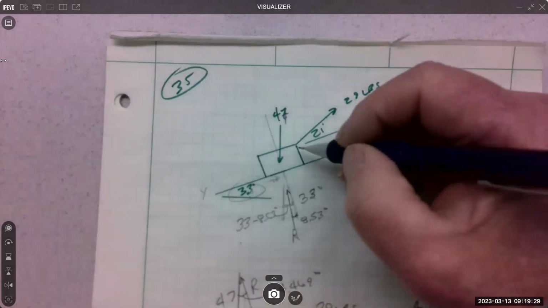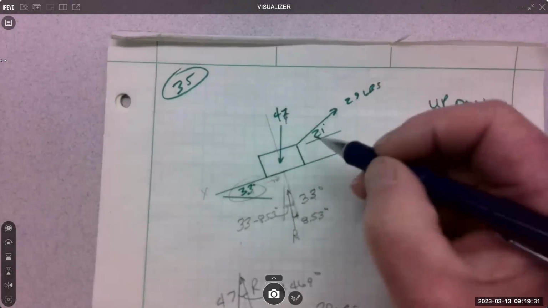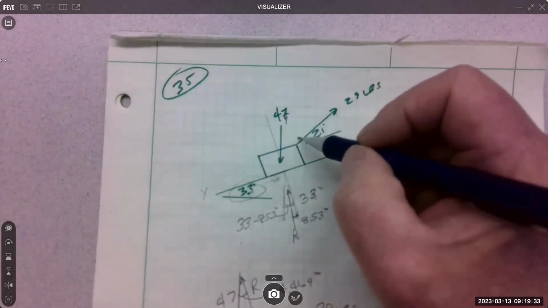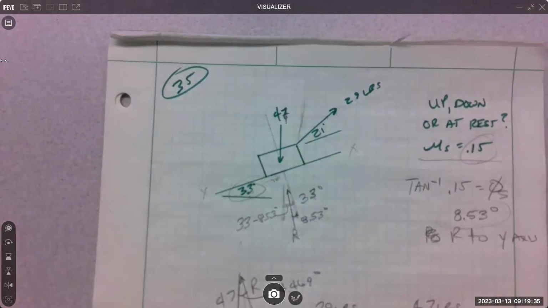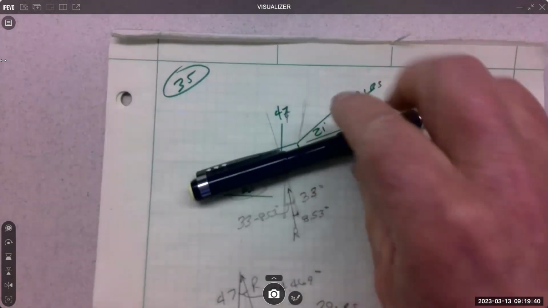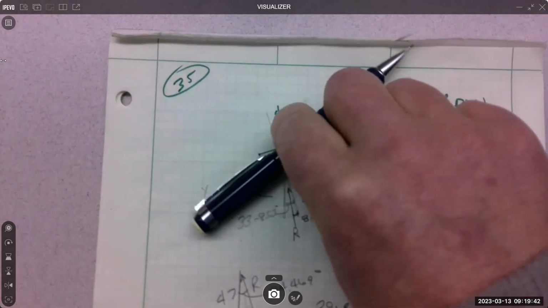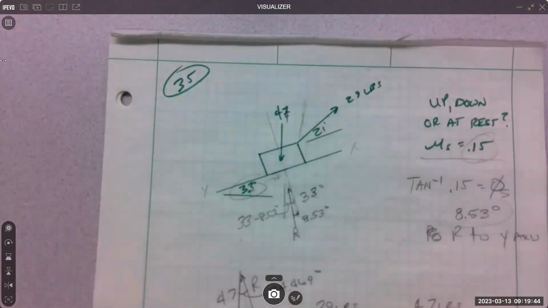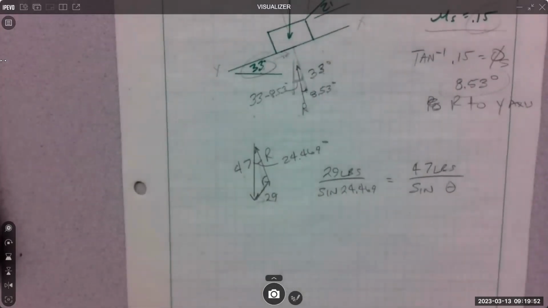So from here, if it was here, it would be 33 degrees, but it's another 21. So I went 54 from horizontal to get that 29. I try to just keep it graphically accurate. That's all you can do.